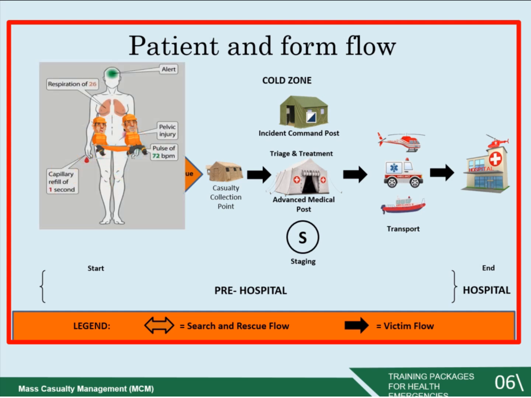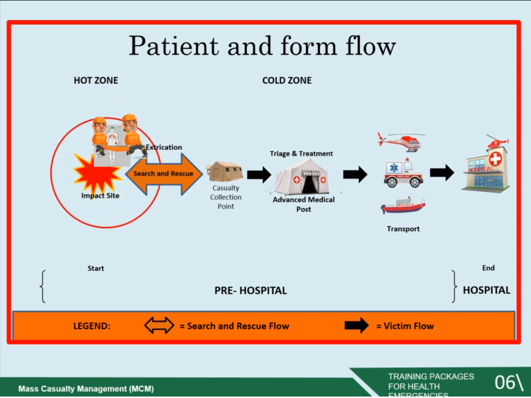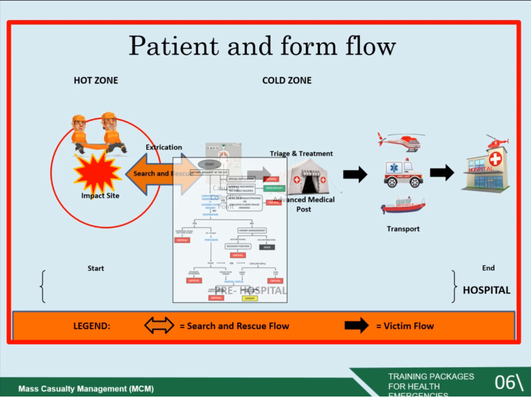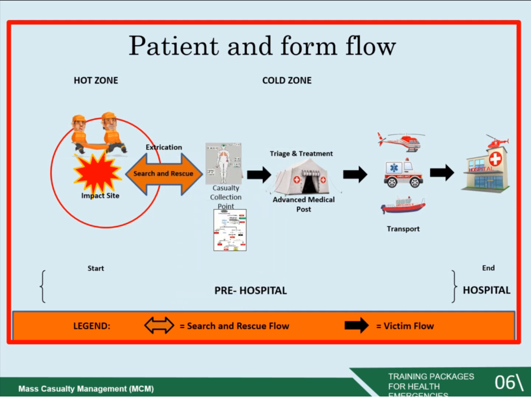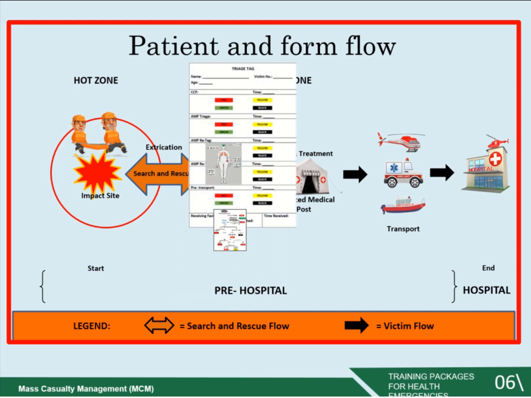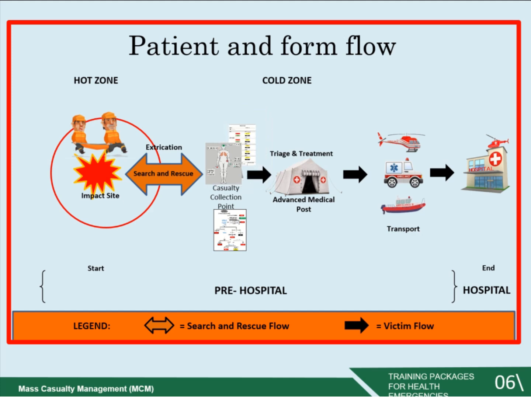Now, it starts off with the patient being extricated from the impact site and being brought to the casualty collection point. Inside the CCP, a START algorithm will be stationed and a triage tag will be hooked to the patient, who will be triaged using the START technique.